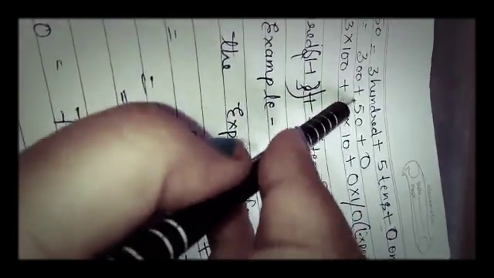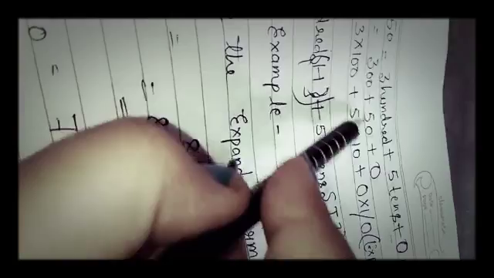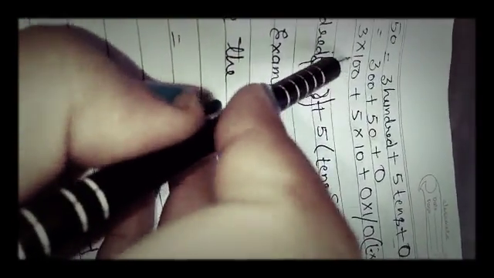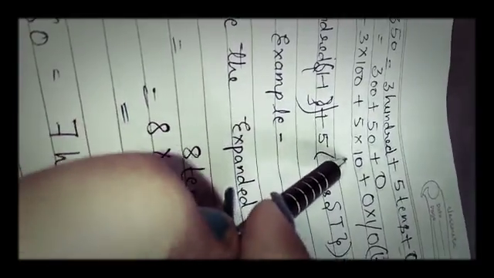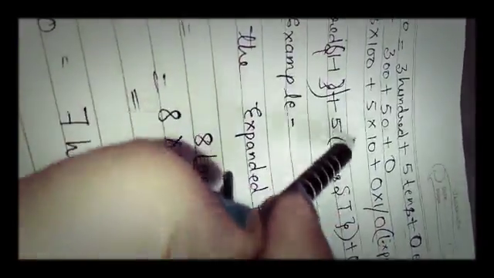Here you can see in the numeric form 300 plus 50 plus 0. 3 into 100 plus 5 into 10 plus 0 into 1, or you can even write it as 0. This is the expanded form of the number.